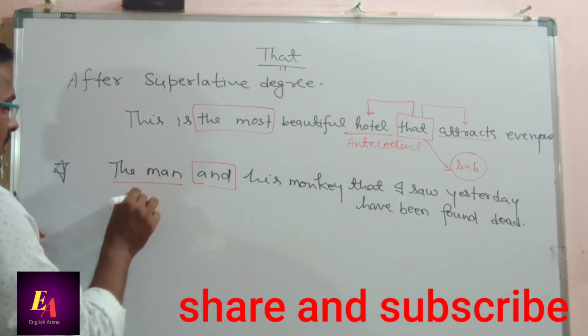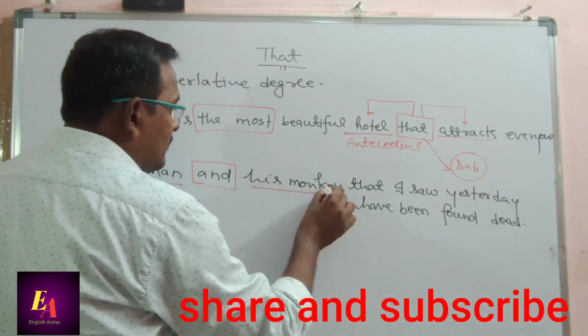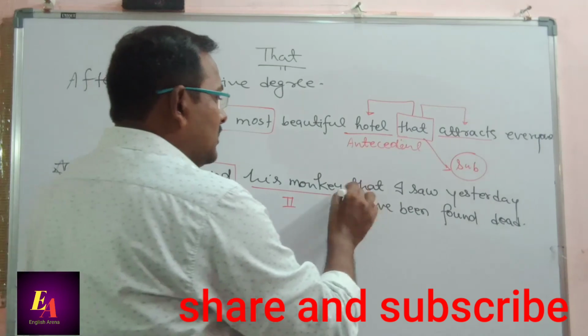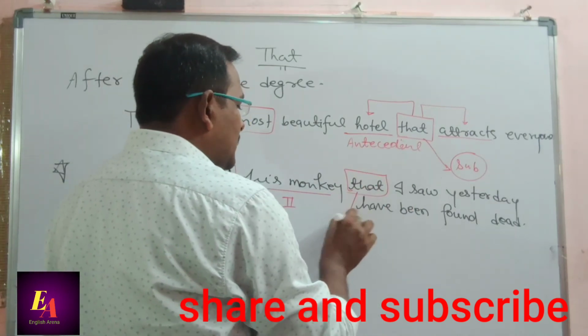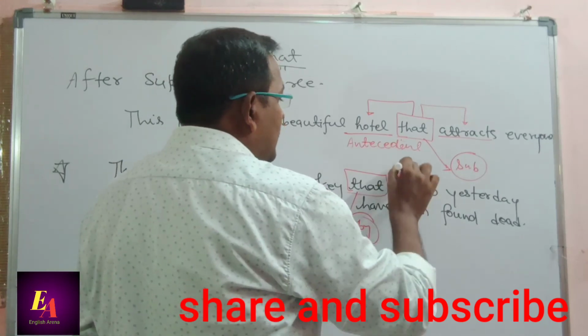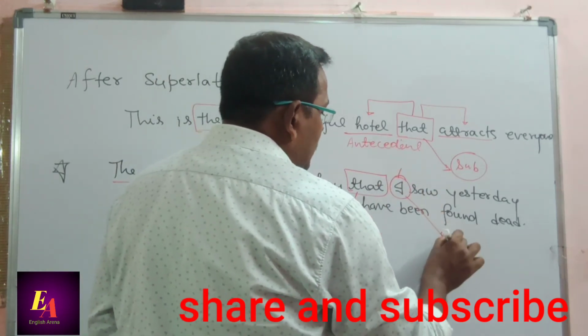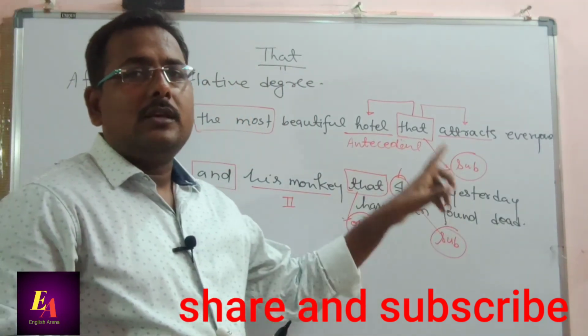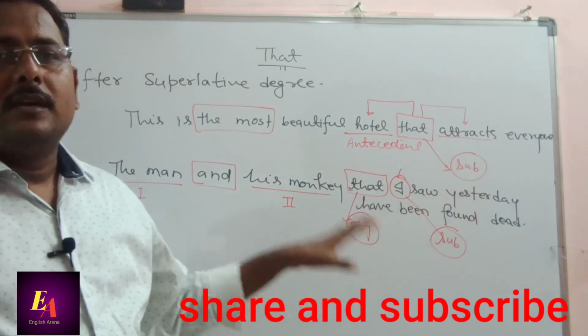It means number one antecedent is the man and number two antecedent is his monkey that I saw. Here that comes in place of the object. Why? Because here I comes in place of the main subject, and this I does the work of a subject in this sentence.